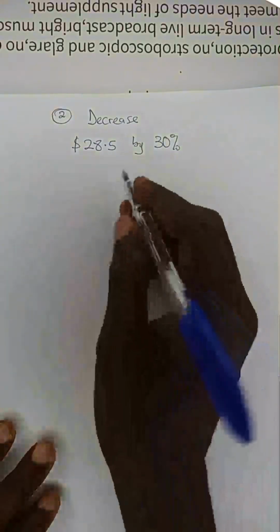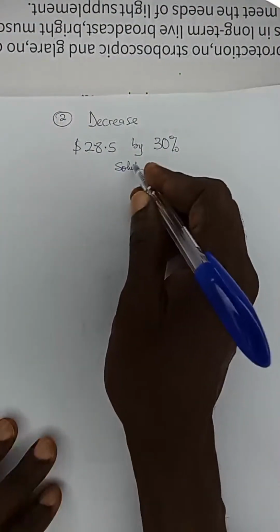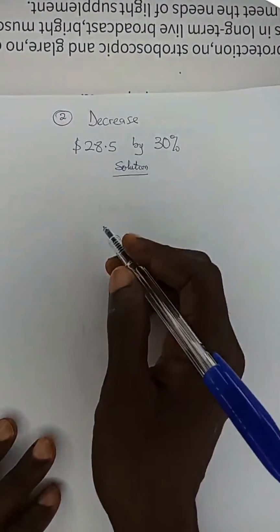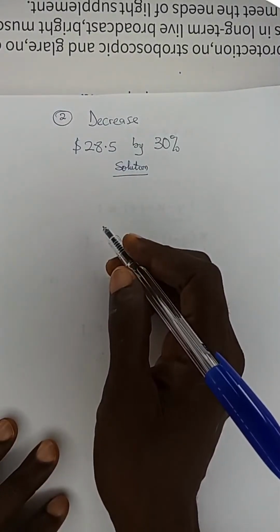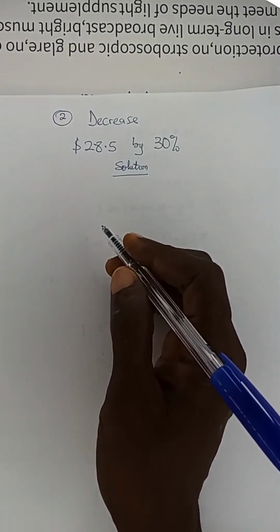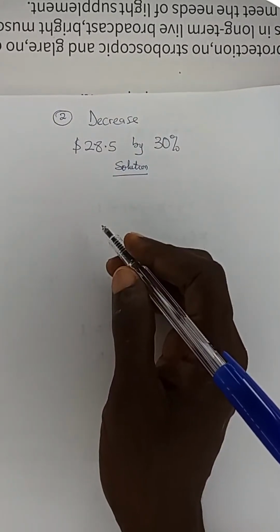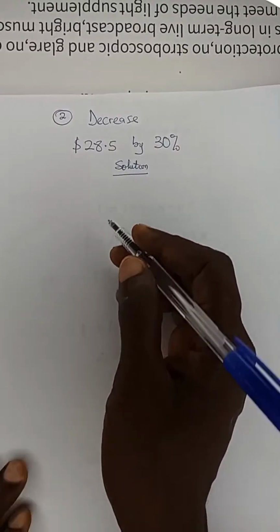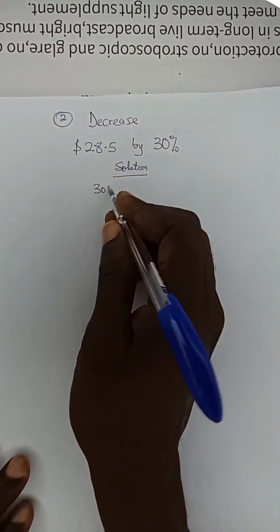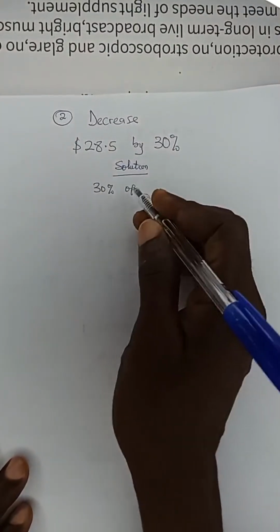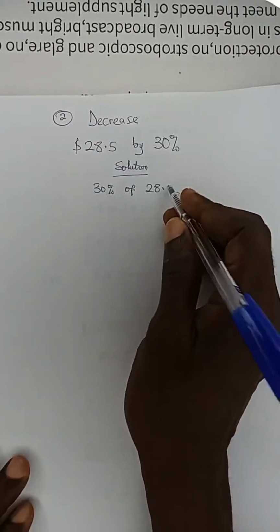Now, 30% of 28.5 without using the calculator. Everything we are doing here, I think we can do without using the calculator. I'm going to show us how to do that. So 30% of 28.5.